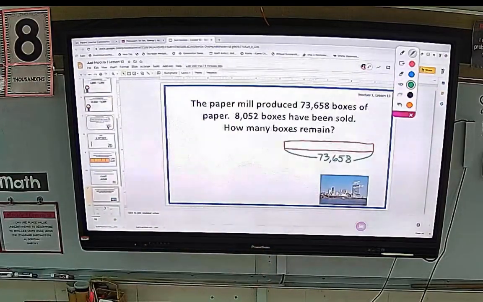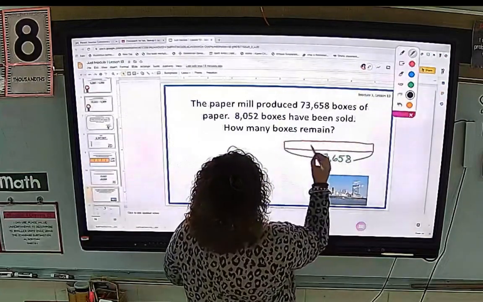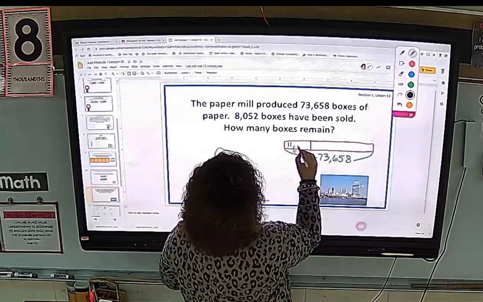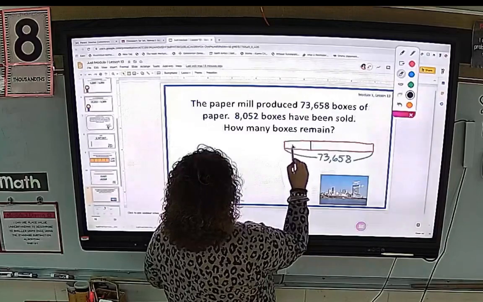Okay. What is one of the pieces that we do know? Because, like, how many did they sell? We want to know how many are left. So, Ishmael, what do you think? 8,052. Yeah. So that's a little bit smaller if we wanted to really draw it correct. Oh, 11,000. I still have my mind on that other problem we just did.